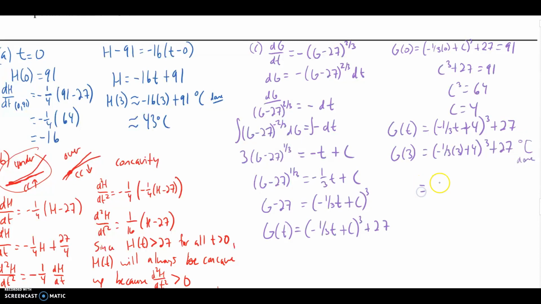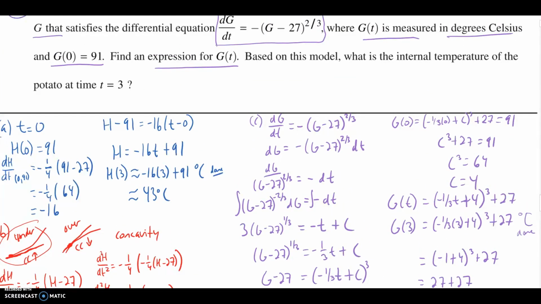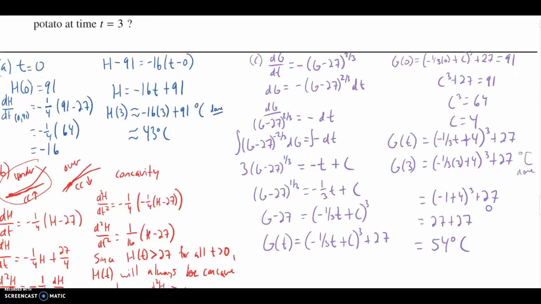If you choose to keep going, we would have negative 1 plus 4 cubed plus 27, which would be 3 cubed, which is 27, plus 27. We would actually get a final value of 54 degrees Celsius. And looking back, we got our expression for g of t. We got the internal temperature at time 3, so that part is all done.